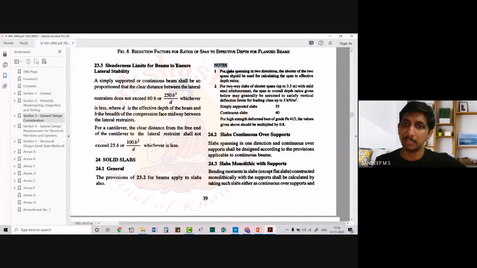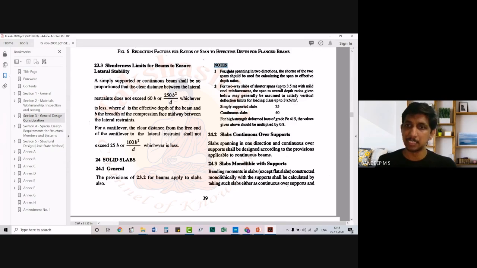The second note given is for two-way slabs of shorter span, that is up to 3.5 meter. For shorter spans only up to 3.5 meter with mild steel reinforcement, that is 250, the span to overall depth ratio given below may generally be assumed to satisfy vertical deflection limits for loading up to 3 kilonewton per meter square.